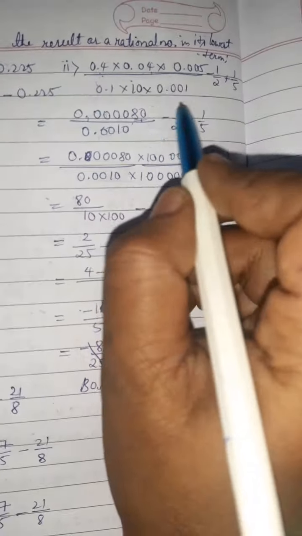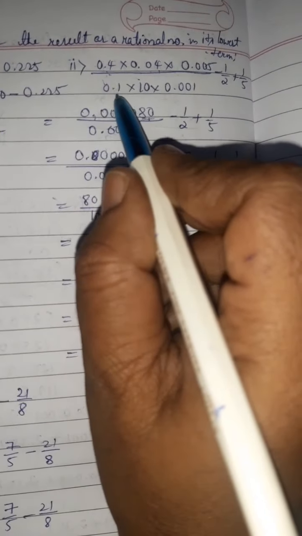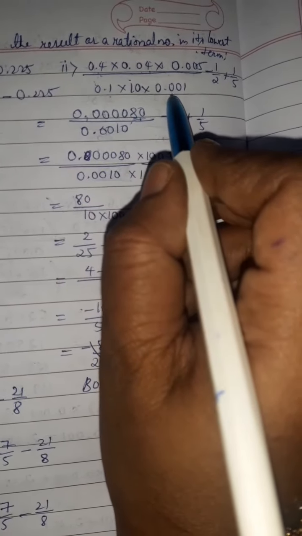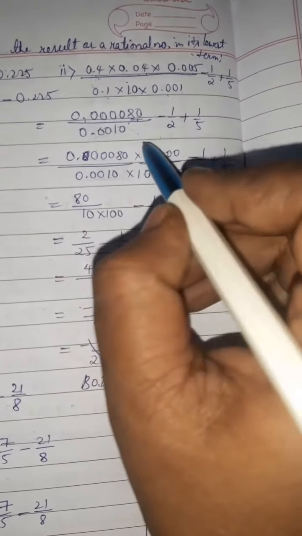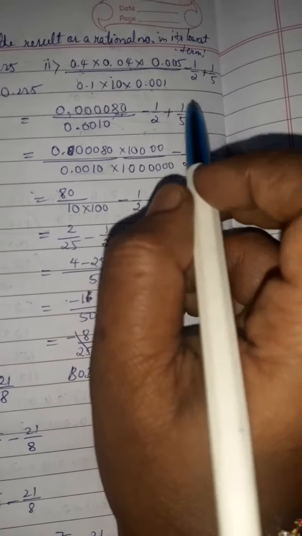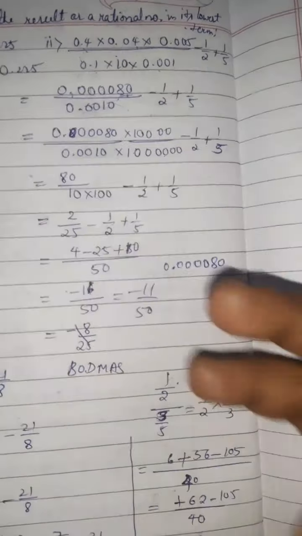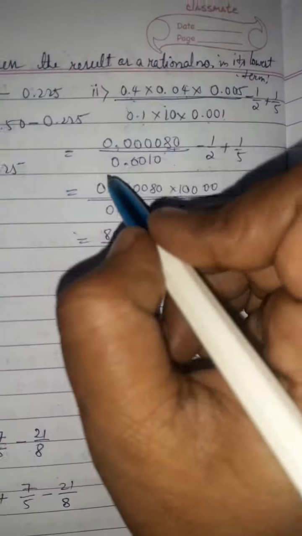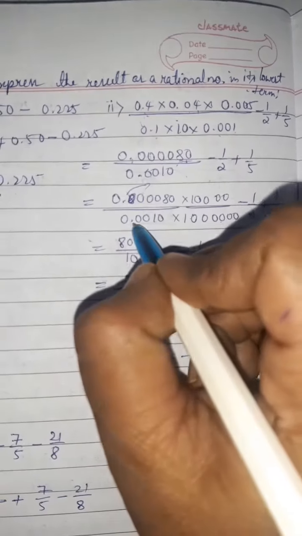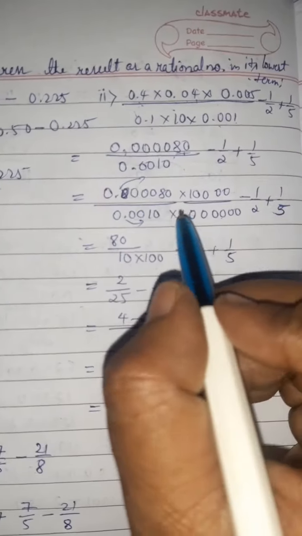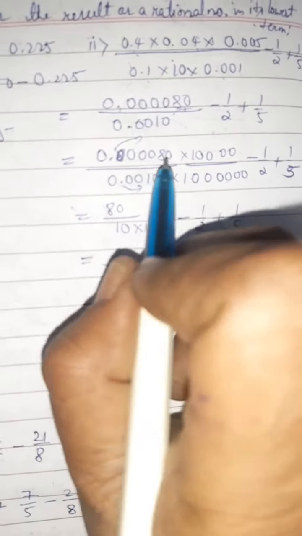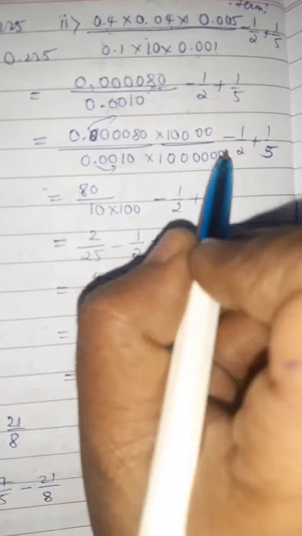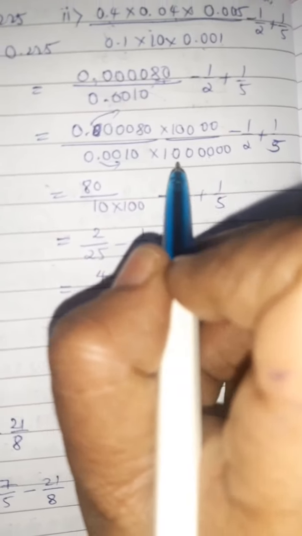So this answer we write here. Below in the denominator also we are going to count 1 2 3 4, so after the point there should be 4 digits. The remaining fractions as it is. Again here, to remove the decimal point in the numerator and denominator, we are going to divide and multiply. How many digits are there after the decimal point? We count and write as many zeros followed by 1.